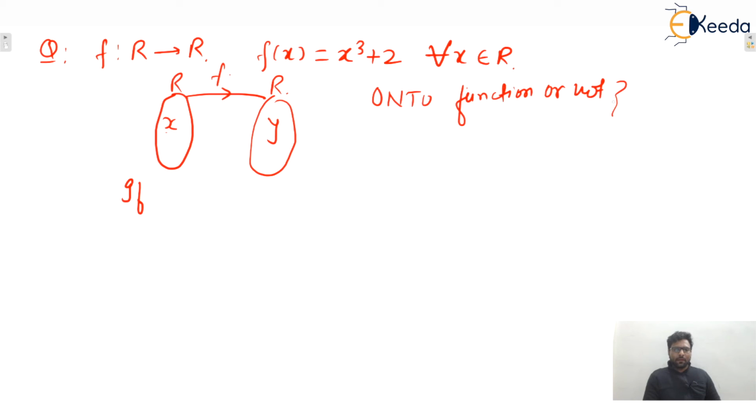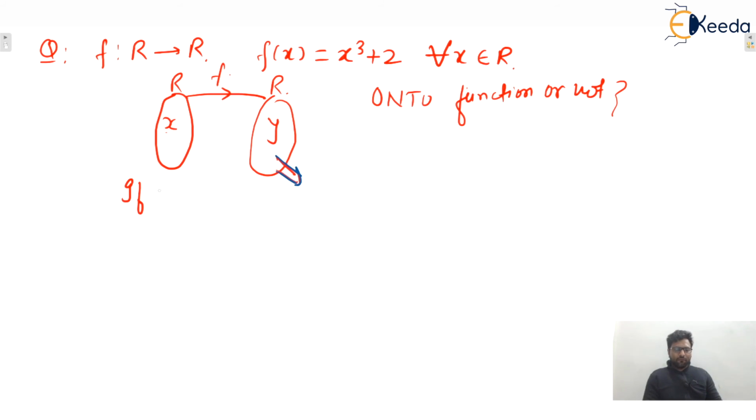Onto means codomain equals range. That means if every real number inside this particular set has a pre-image, then the range will be equal to the codomain. I hope this one is clear to everyone.